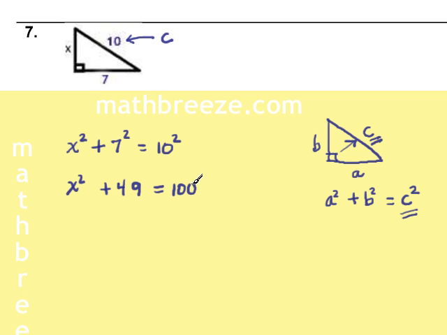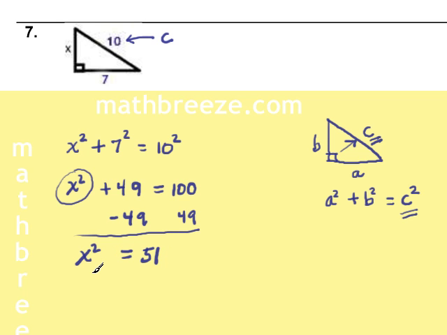Let's figure out what x squared is. Let's subtract 49 from both sides. So we have x squared is equal to 51. That's not x, that's what x squared is, so x must be equal to the square root of 51.